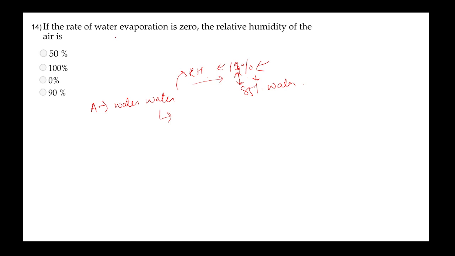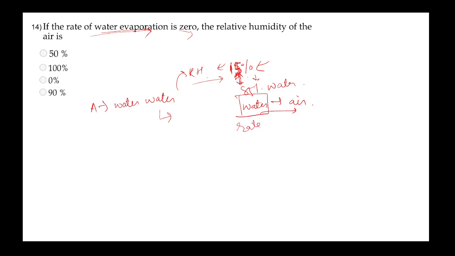Now, if the rate of evaporation is 0: as I said, if air can still accommodate some amount of water, then water will continuously evaporate and be added into the air. When will it stop?